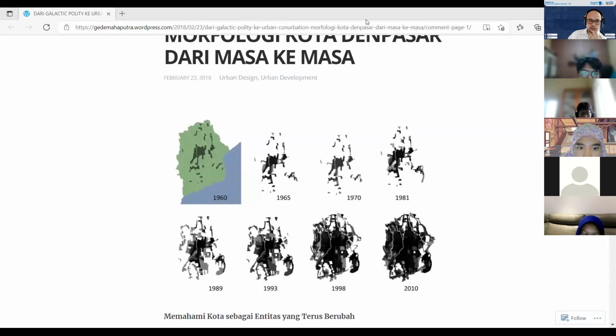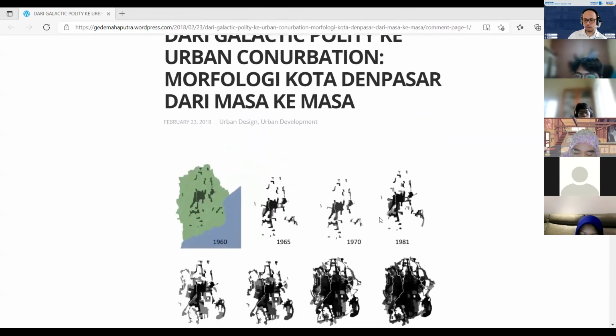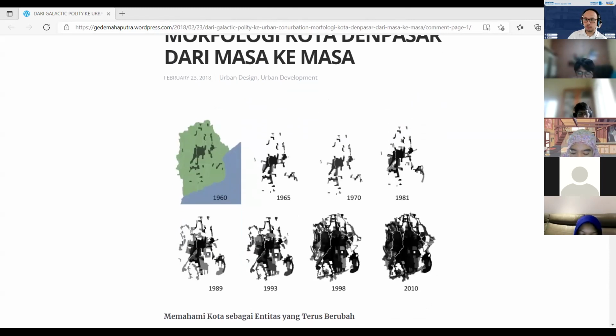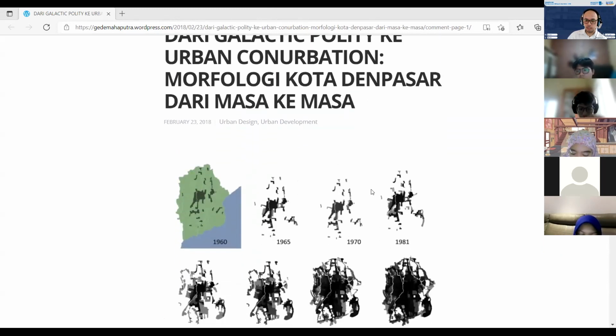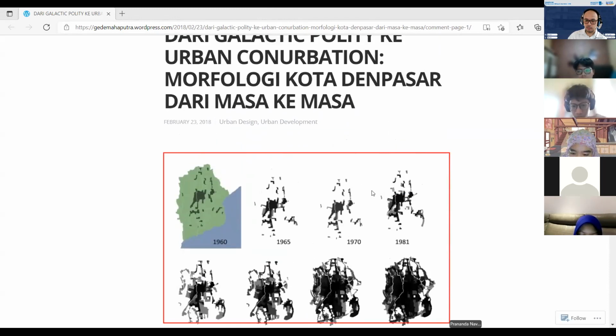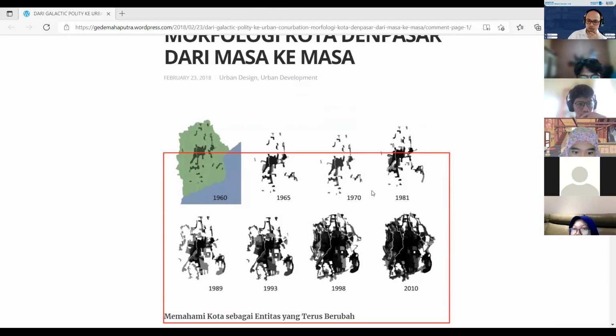I see from the date that this is a blog article from 2018, so it is quite recent, although these series of maps and diagrams are only from 1960 to 2010.